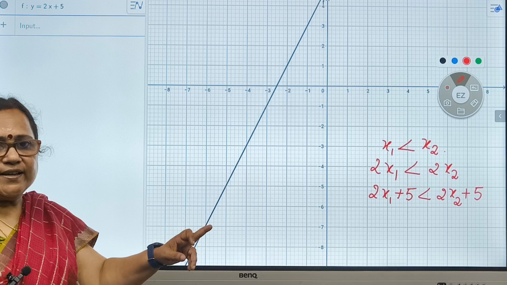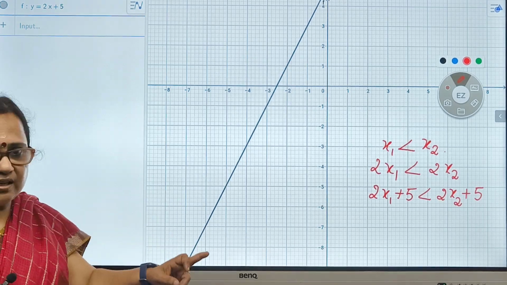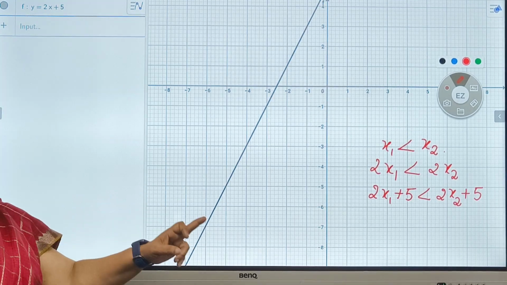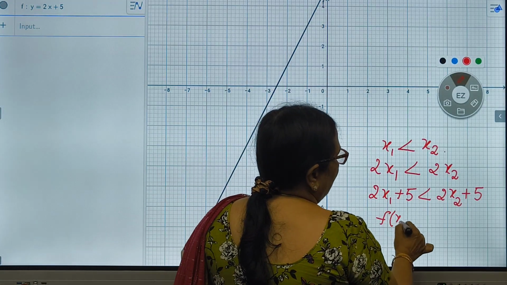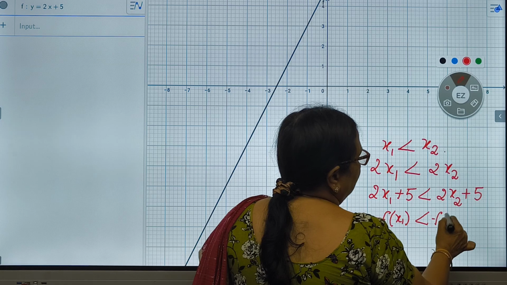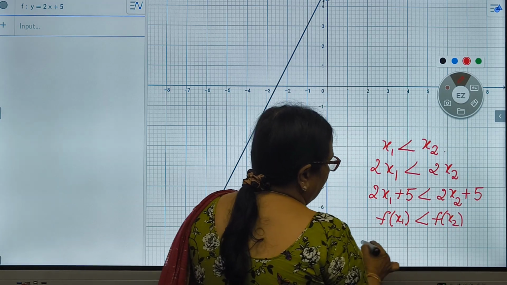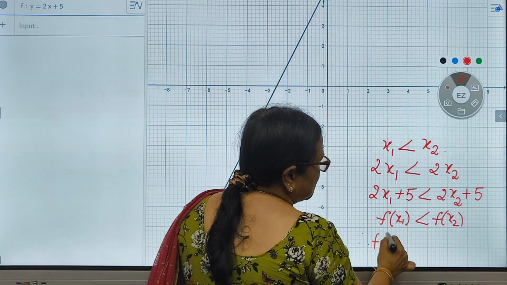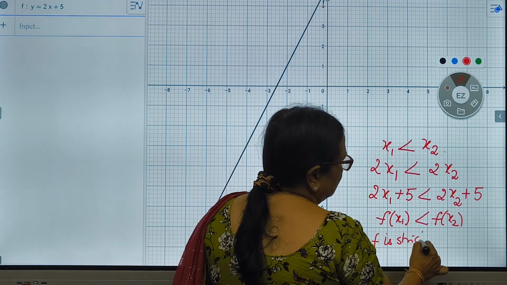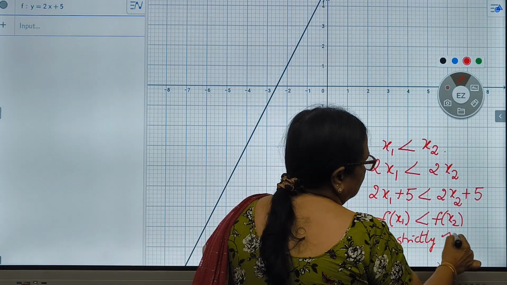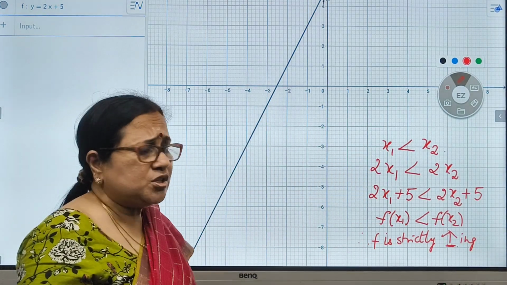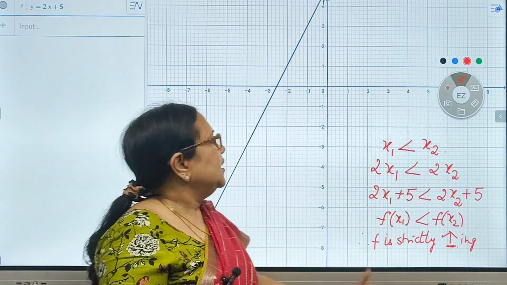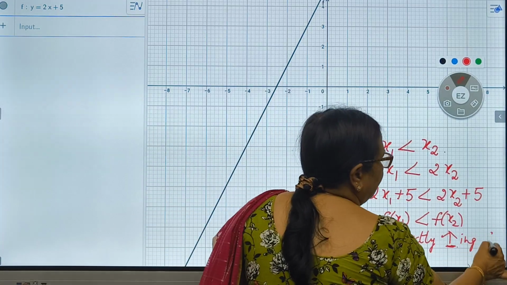So x1 less than x2 implies 2x1 plus 5 is less than 2x2 plus 5. So f of x1 is less than f of x2. Therefore, f is strictly increasing. I use this symbol for increasing, general common usage. So f is strictly an increasing function.